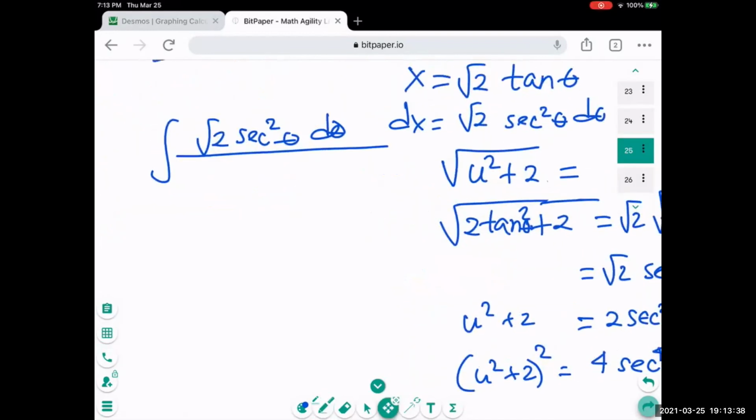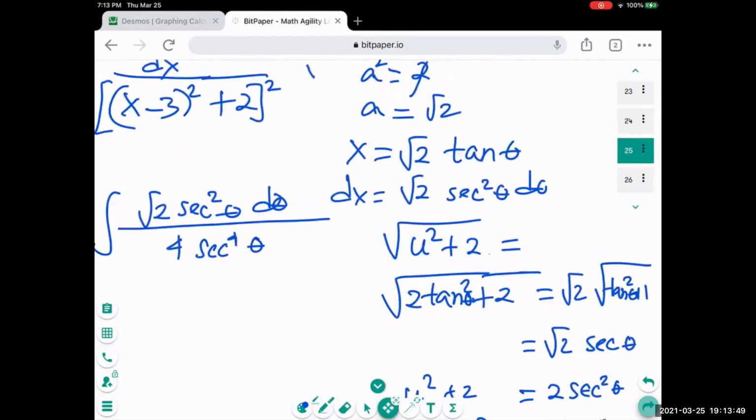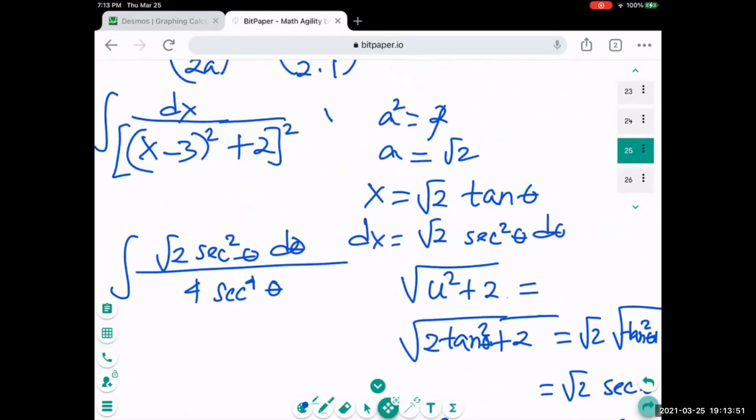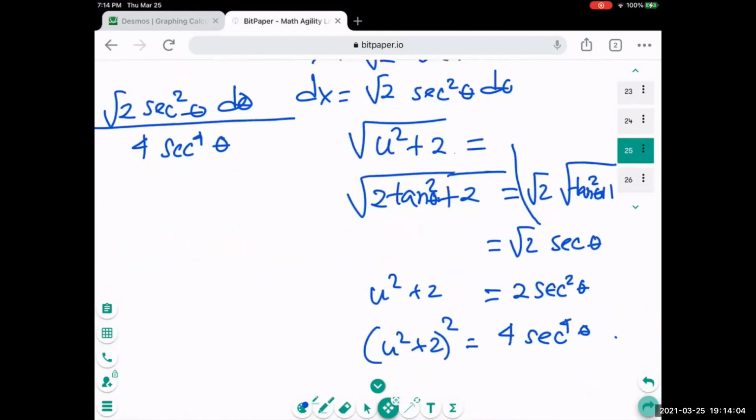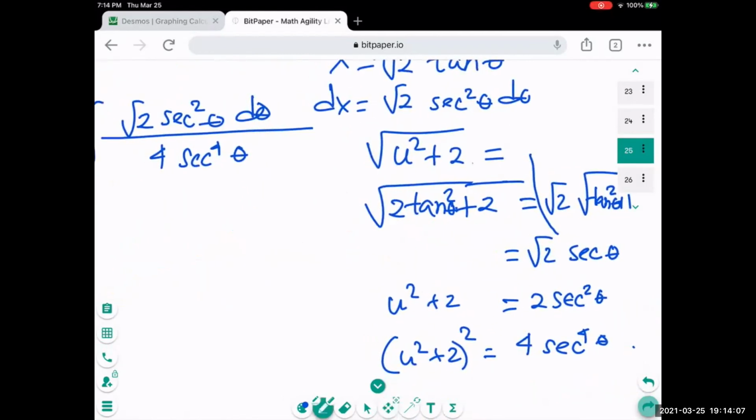So that is what is down here: 4 secant to the fourth theta. Alright? So we started with the denominator and transformed it into our trigonometric substitution, and the final answer for the denominator part is 4 secant to the fourth theta. Okay? So we have transformed it into a trigonometric function.